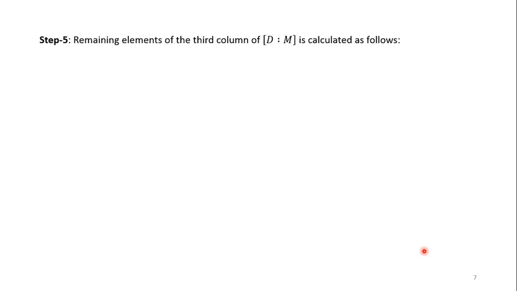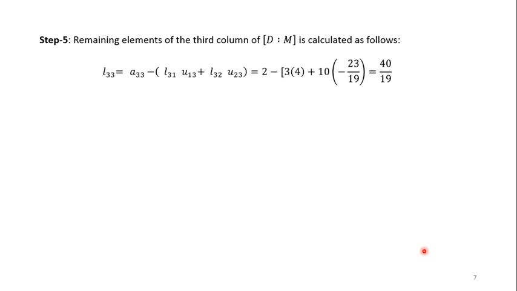So the remaining element of the third column of the derived matrix is calculated as follows. By the formula already explained, L33 is A33 minus L31 of U13 plus L32 of U23. By simplifying this algebraically, the value is 40 upon 19.